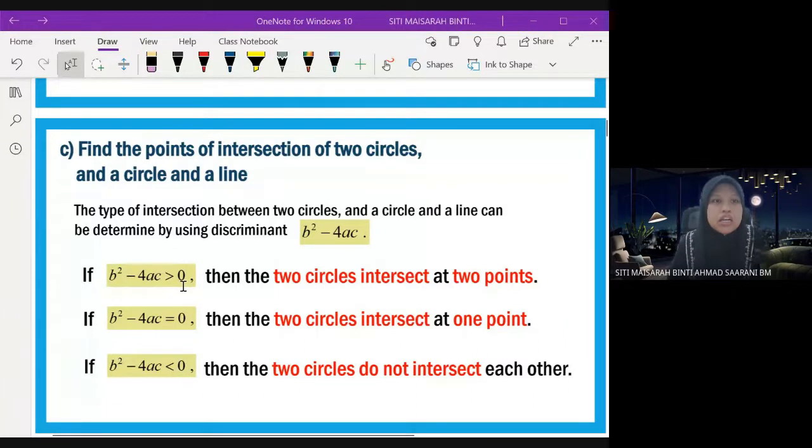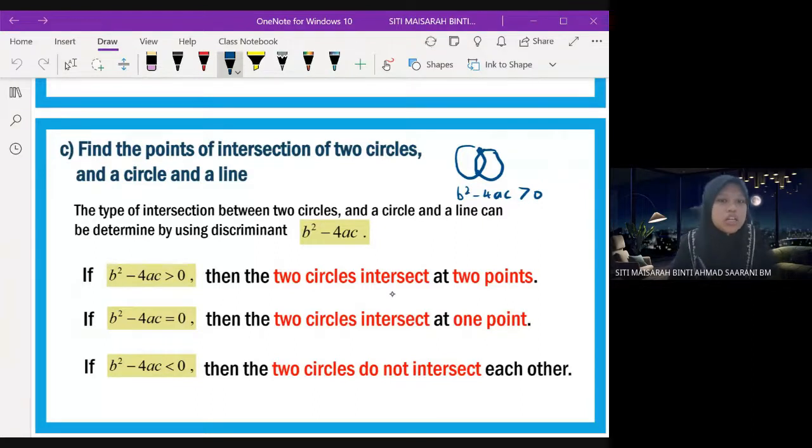Ini yang tengah cakap ni is between two circles lah. Maksudnya kalau dia two circles intersect at 2 points, contohnya kalau kita lukis macam ni ada 2 points. Yang ni, this is related dengan b squared minus 4ac more than 0. So dia ada 2. If b squared minus 4ac is equal to 0, then the two circles intersect at 1 point.